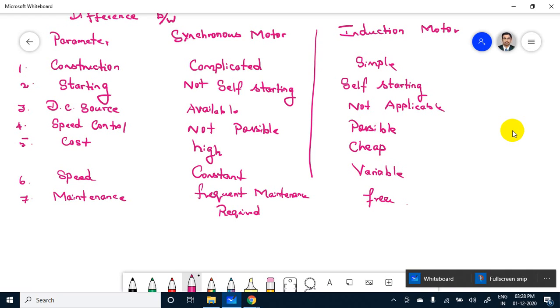And eighth point, power factor improvement. In the synchronous motor, we can improve the power factor by a synchronous condenser.